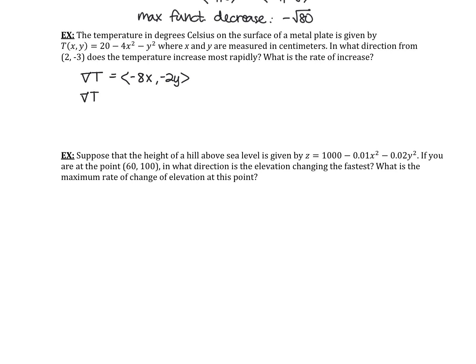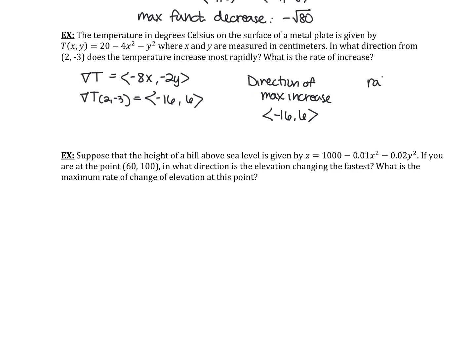So let's find the gradient of T at the point (2, negative 3). 2 would give us negative 16. Negative 3 would give us positive 6. So my direction of max increase is in the direction of the vector (negative 16, 6), or any scalar multiple of it.